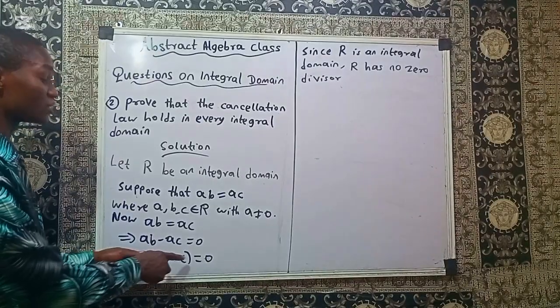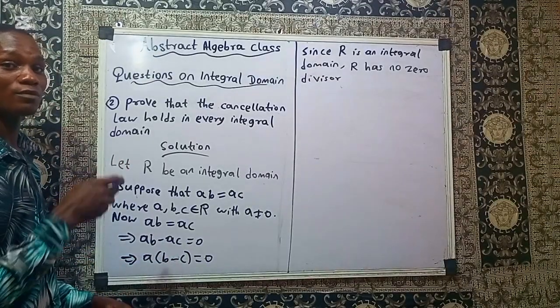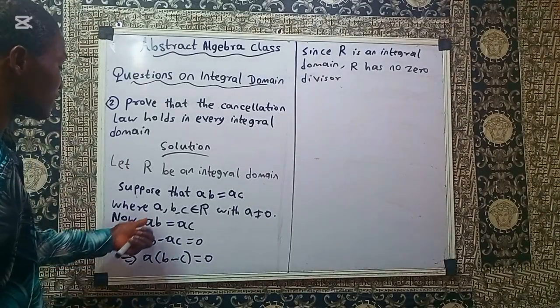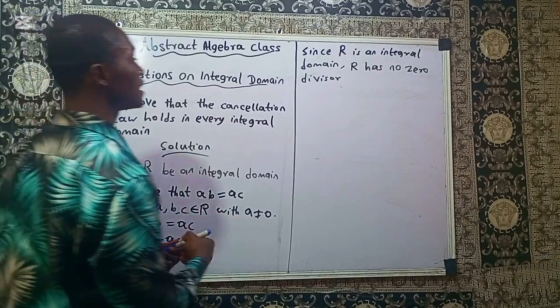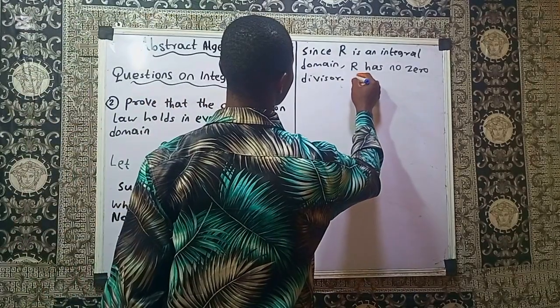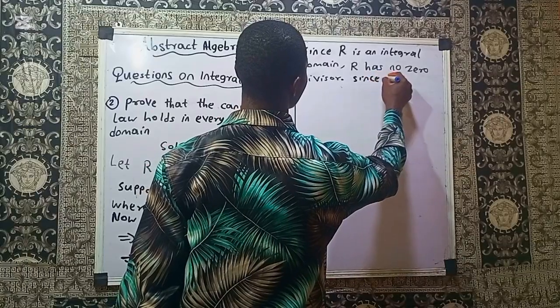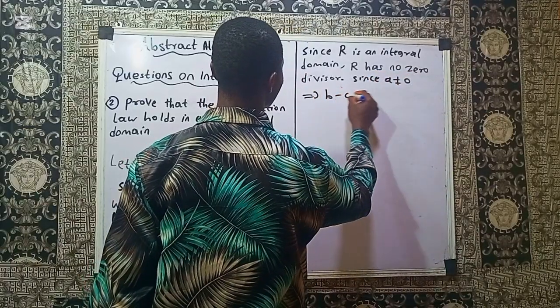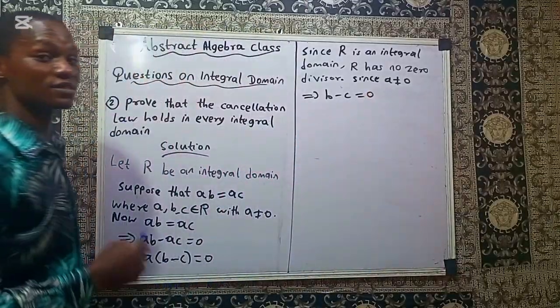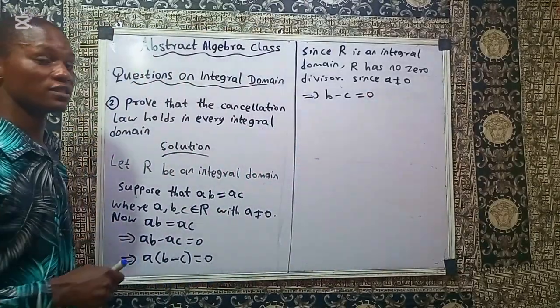So if this product is giving us 0, then one of them must be 0. But we have already said that a is not 0. Since a is not equal to 0, this implies that b minus c must be 0, because we are working in an integral domain.